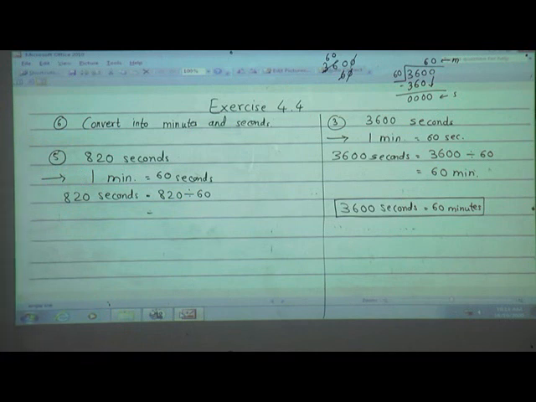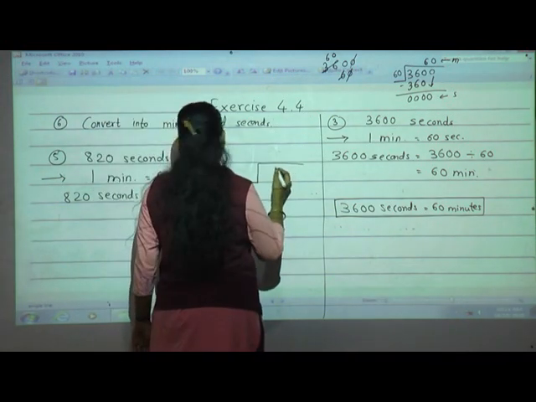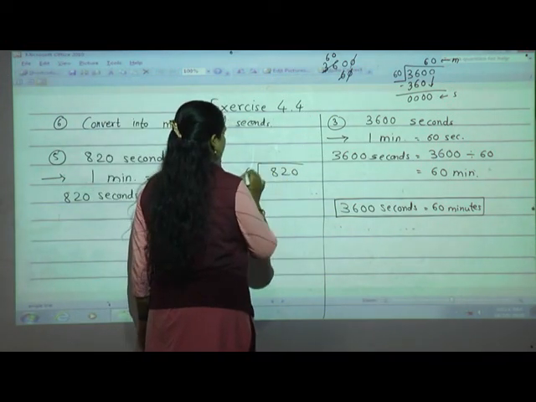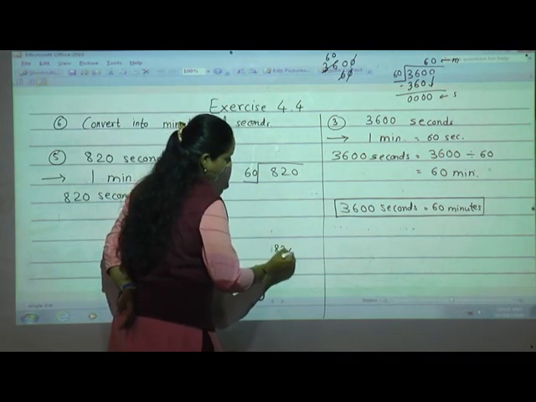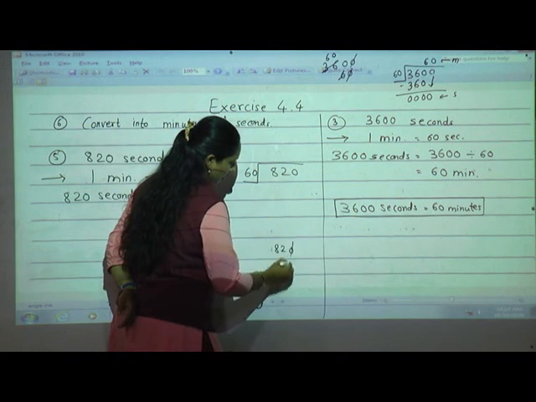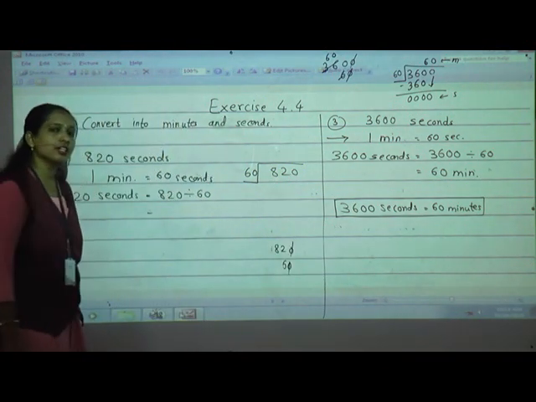Now we have to divide this. See, we will do the division here. 820 divided by 60. Shall we go for the estimate? 820 and 60. Cut the 0, 0. Now we have 6 and 82. Now in 6 table 82 is there?